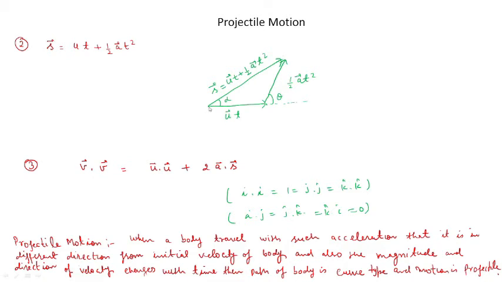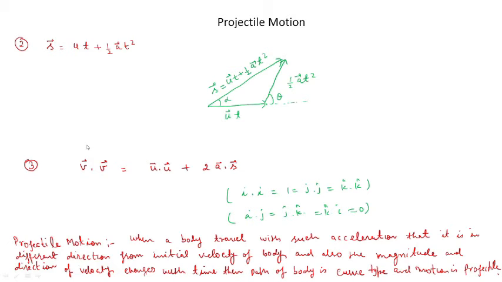This is the tail of the vector ut, this is the head of the vector ut, and this is the tail of the vector half at square, and this is the head of the vector half at square. So when we find the resultant vector s, we see that the tail is matched to tail and head is matched to head. So vector s is equal to ut plus half at square.